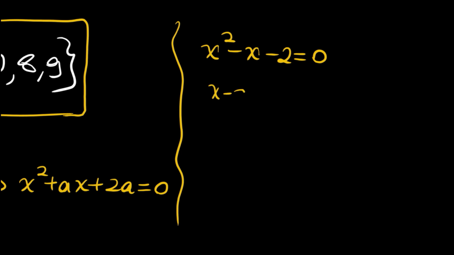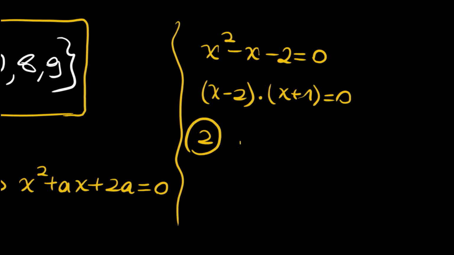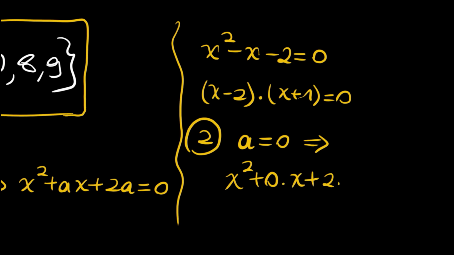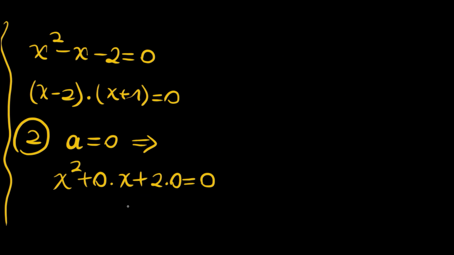As you all know, this is factorable. X minus 2 times x plus 1 is equal to 0. So the roots are integers, as you see. The second one was a is equal to 0. So x squared plus 0 times x plus 2 times 0 is equal to 0. So we have x squared is equal to 0, and this also has integer solutions 0 and 0.